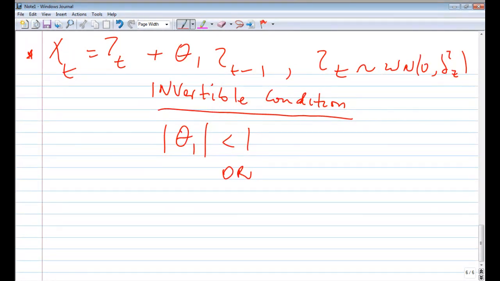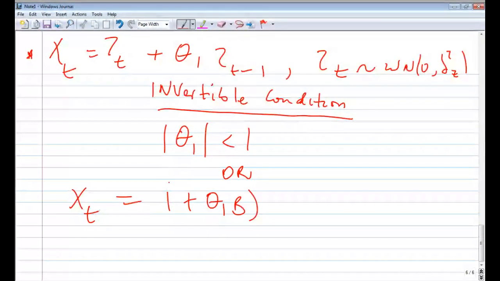So you're going to have xt equal to 1 plus theta 1b zt. That is a backshift operator.